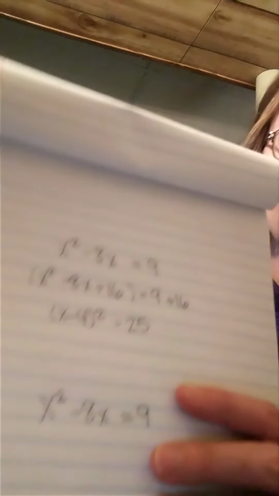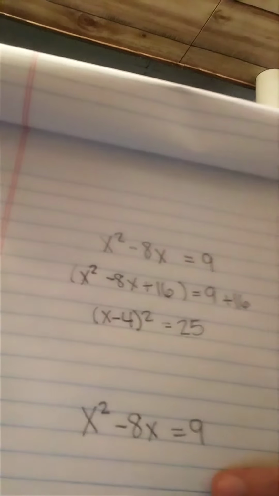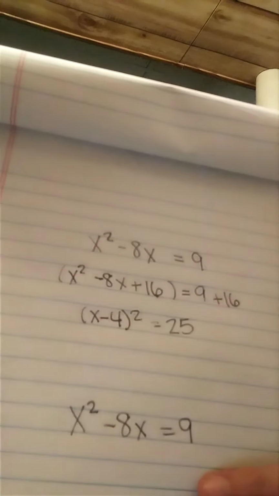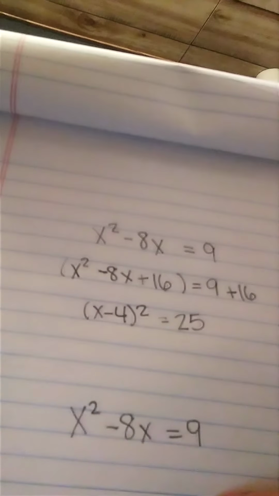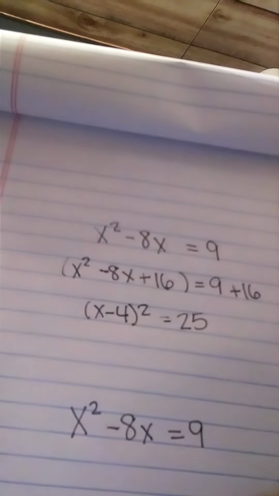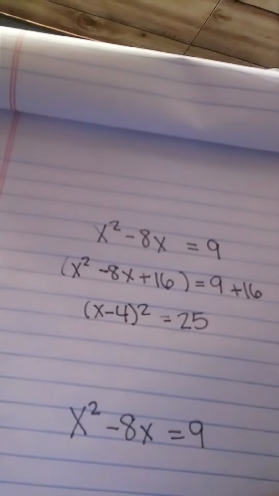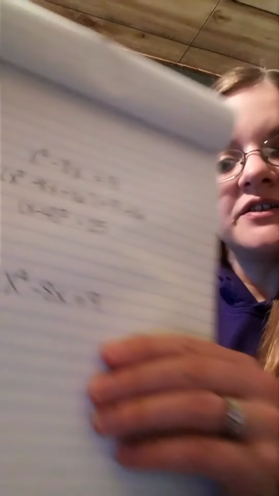Now I'm going to show you how you can get to option C. I'm going to start with the same quadratic, x squared minus 8x equals 9. The first thing that I'm going to do is, on the left-hand side, I notice a GCF. Both x squared and 8x have an x in common. So I'm going to factor that out.